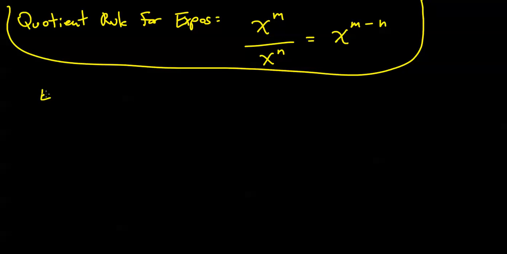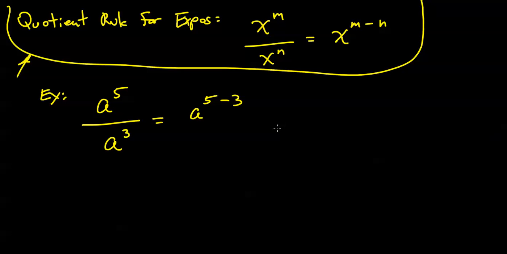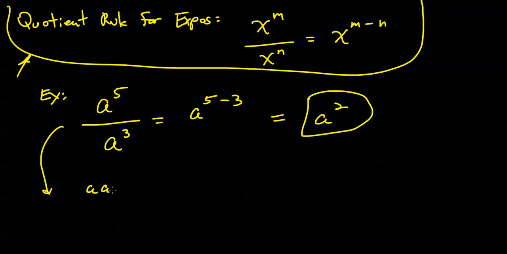Example: a to the fifth over a cubed. Well, according to this above rule, it's a to the fifth minus 3 power, and of course that reduces to a simple a squared. Now, of course, I could have worked this out with a little more ink if I need to.